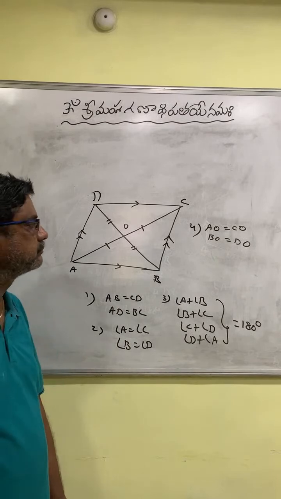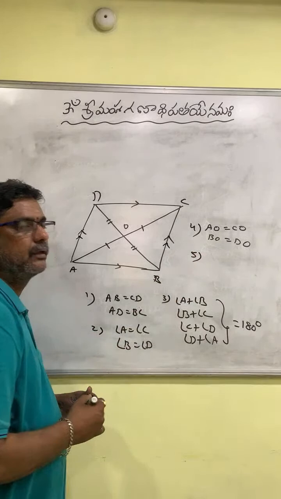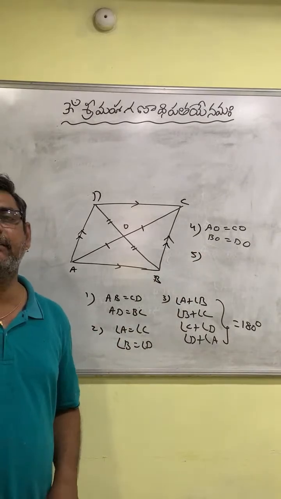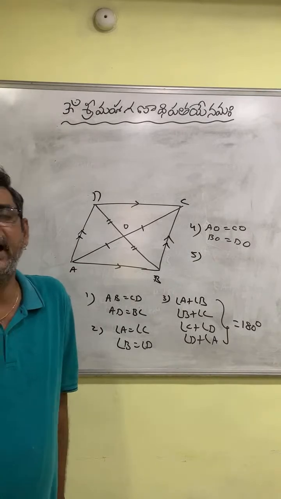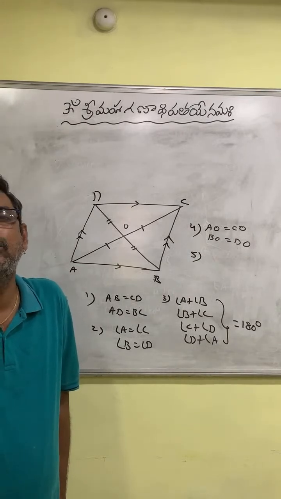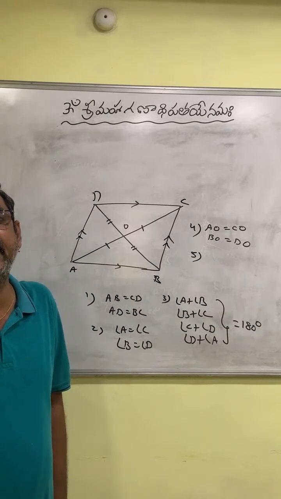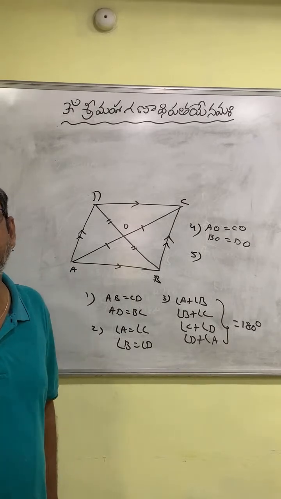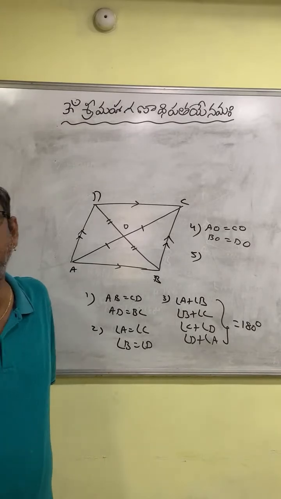Fifth property, each diagonal divides parallelogram into two congruent triangles.